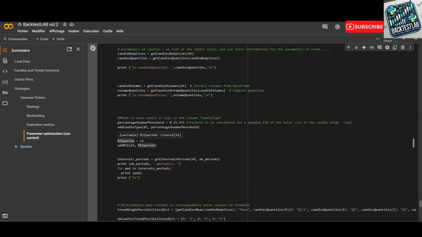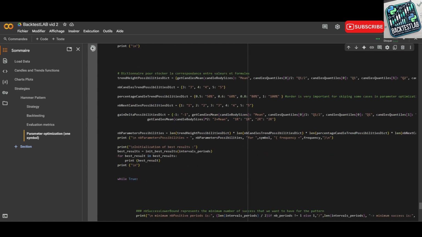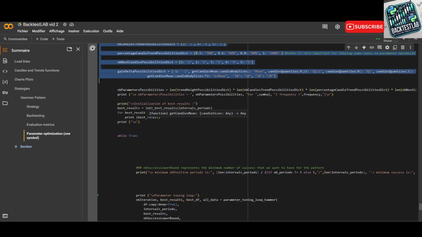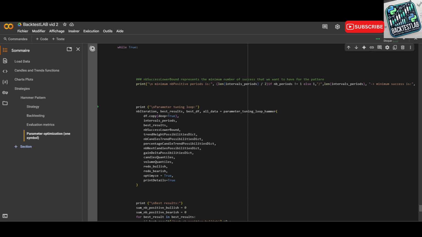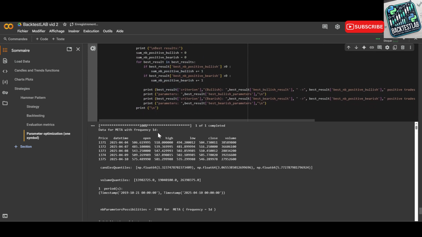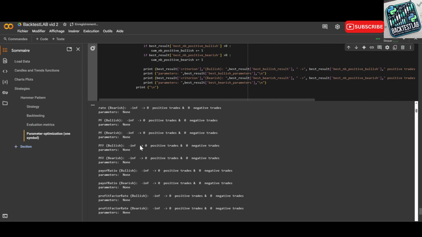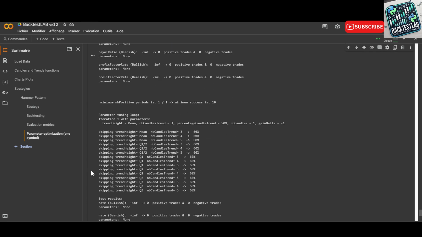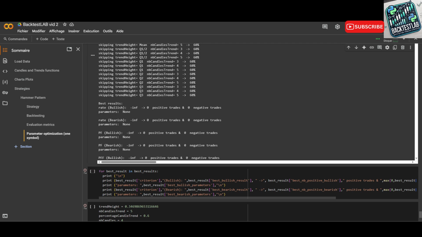For example, I'm using also the RSI, I'm using also the candle types, etc. So these are my parameters, the same I explained, and basically I am going through all the parameters and I am storing actually the results. So I will go back to you, as you can see, when the execution is finished.